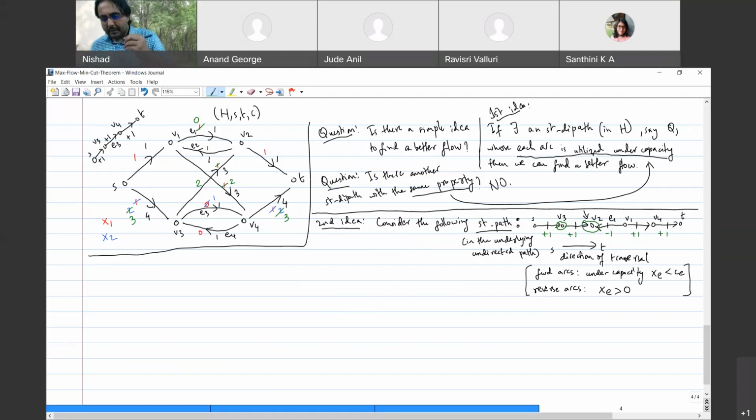Sorry, my bad. What I meant to say is the incoming has increased by 1 and decreased by 1. So the total change is 0 and the outgoing change is also 0.